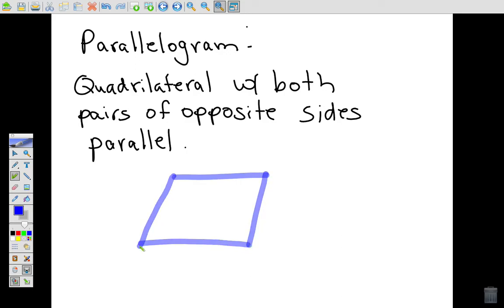Notice in this sketch that this side and this side, I tried to make those look parallel. So there's one pair of parallel sides, and then these sides appear to be parallel. So you have two pairs of opposite sides parallel. That's a parallelogram, that leaning rectangle.